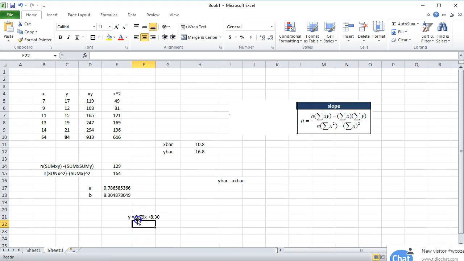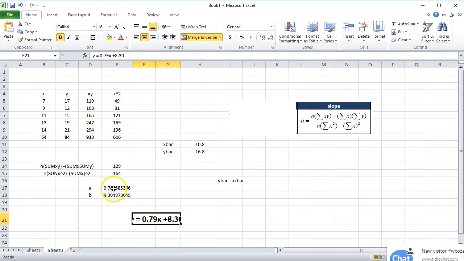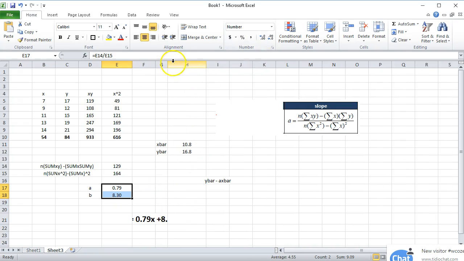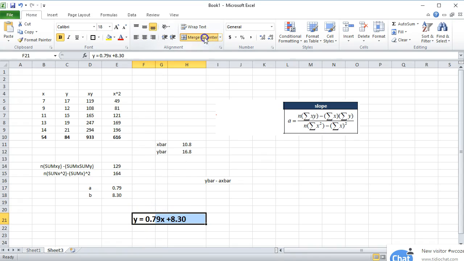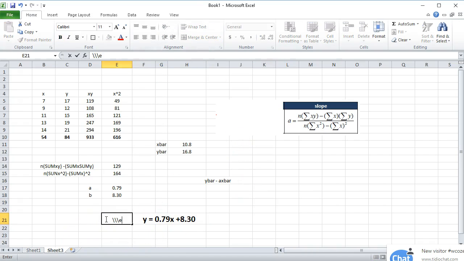Now, if you struggle with how I went about rounding there, a trick I talked about in some of the other videos, you can just take it over using this button here, click it, and then it will give you those values here. So, origin center, there we go. And there's your equation. That's the equation.